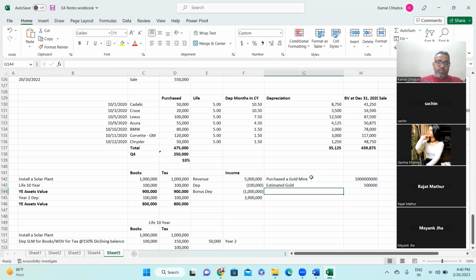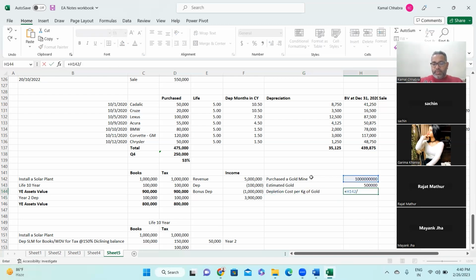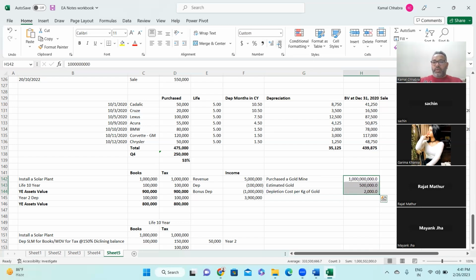So what is the depletion cost per kg of gold? How much will it be? This divided by this, $2,000 per kg. Are you agreed with me? Are you guys with me? Yes, sir.